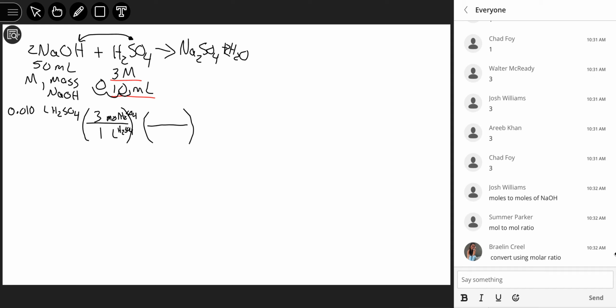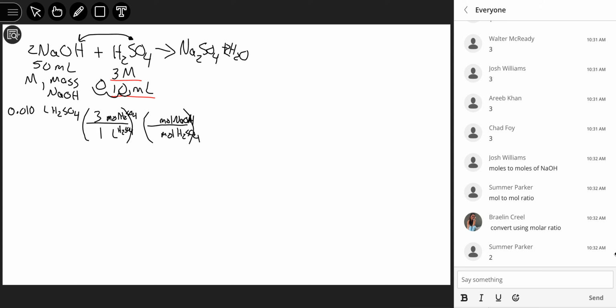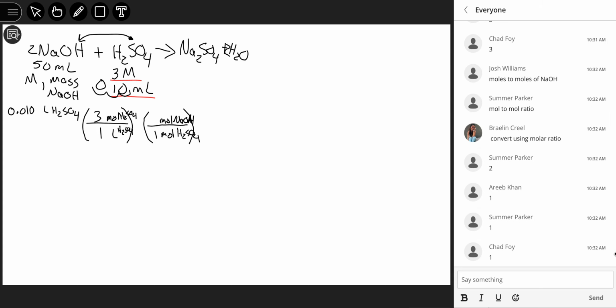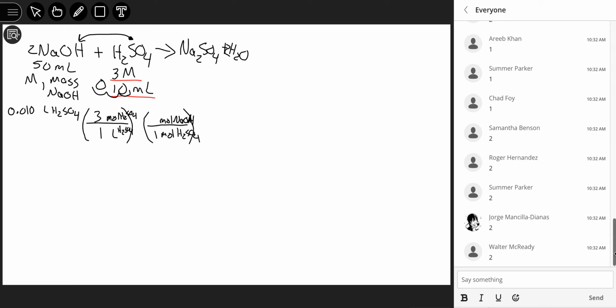So sulfuric acid goes on the bottom. Sodium hydroxide goes on the top. What number goes with sulfuric acid? Good. What about sodium hydroxide? Good. Good. And I'm getting those numbers from here.